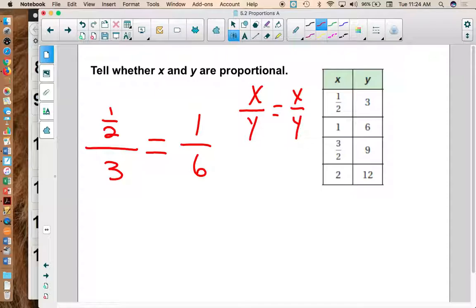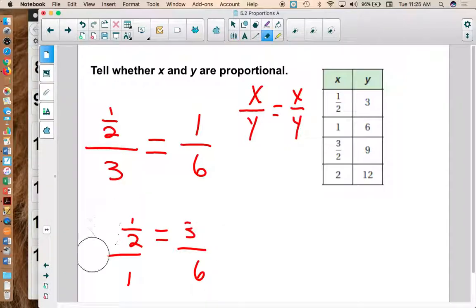I'm confused, why can't you compare 1/2 and 3? So here's what I hear you saying, comparing 1/2 to 3 over 1 to 6? Is that what you're telling me? I was thinking 1/2 is 3 over 1, but it's not actually.